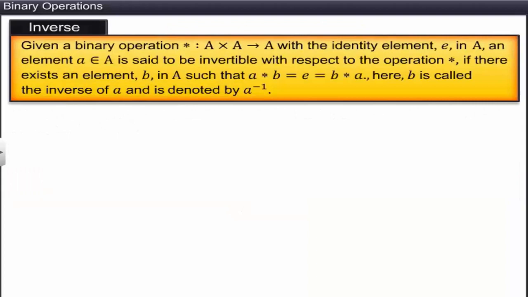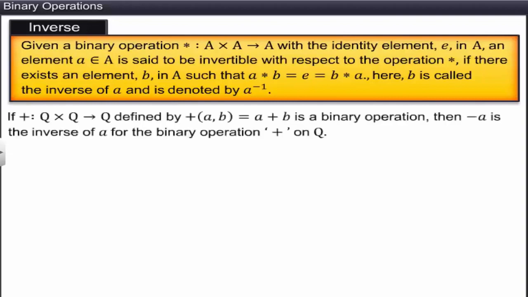Given a binary operation star on A with the identity element E in A, an element A belonging to set A is said to be invertible with respect to the operation star if there exists an element B in A such that A star B is equal to B star A is equal to E, where B is called the inverse of A and is denoted by A raised to the power of -1.